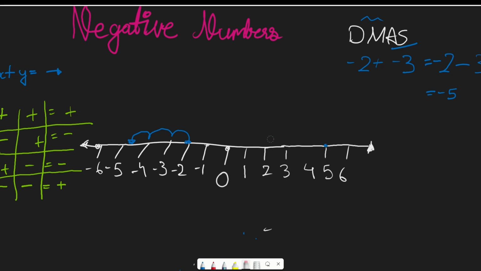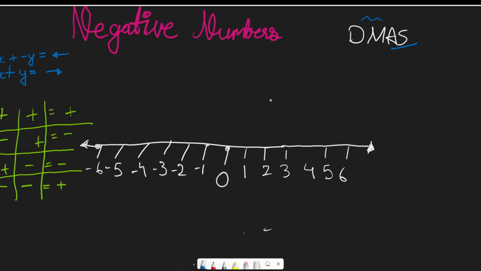Right? So now let's write that here. Plus or minus x plus minus y. You move to the left. Right?